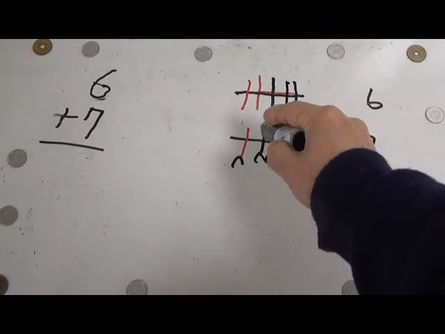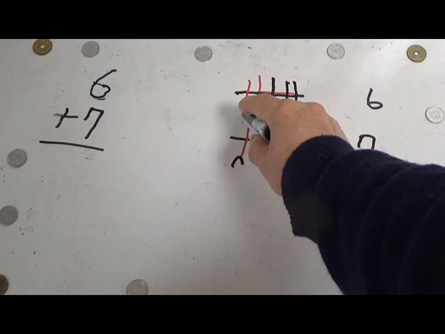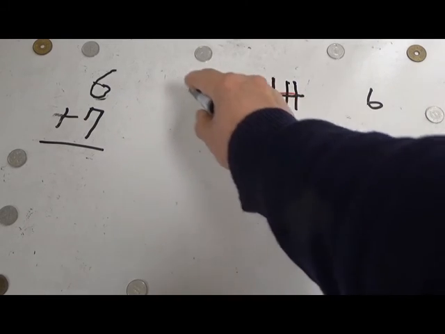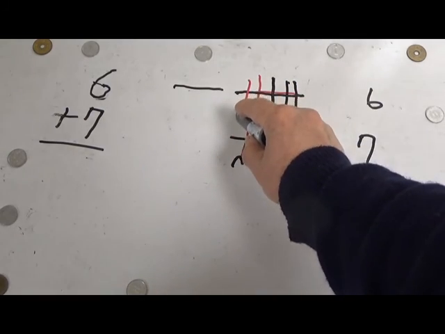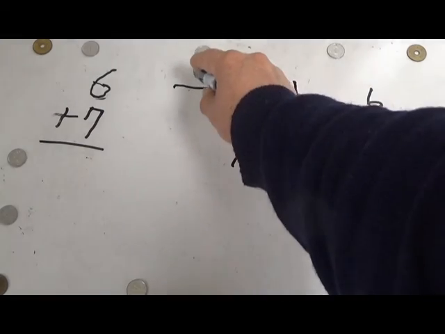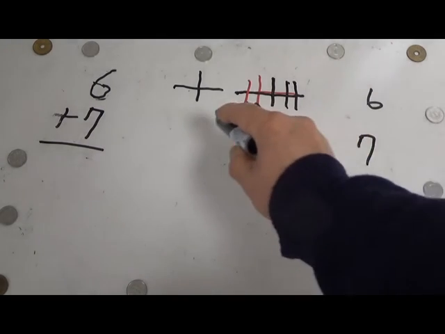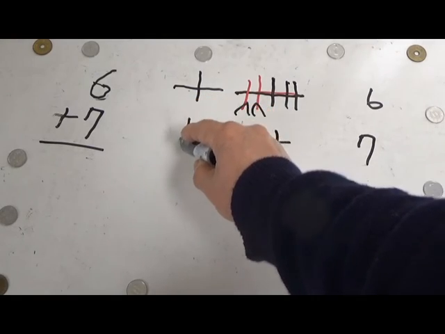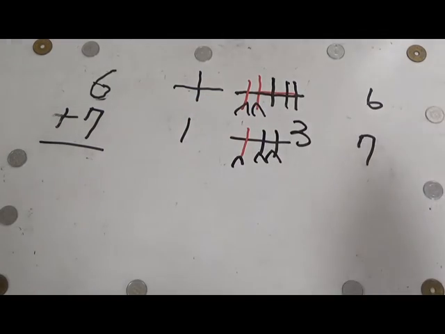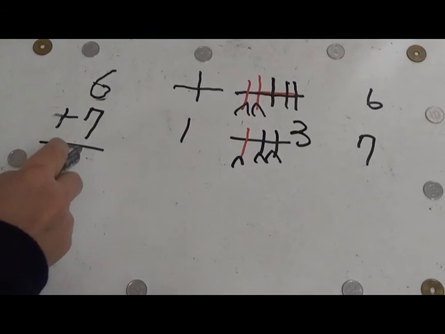This disappears. So it makes 10, 5 and 5. This makes 10, so this is changed to the 10th order and remains 1 and 3. That is, 6 plus 7 is 1 and 3.